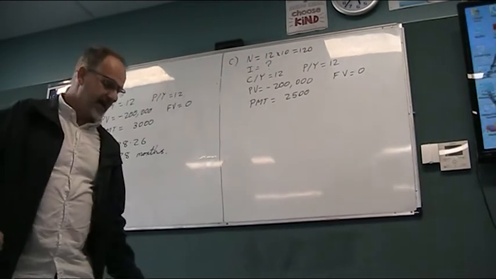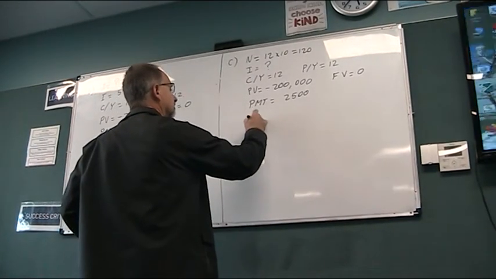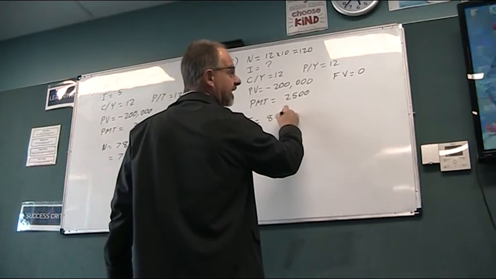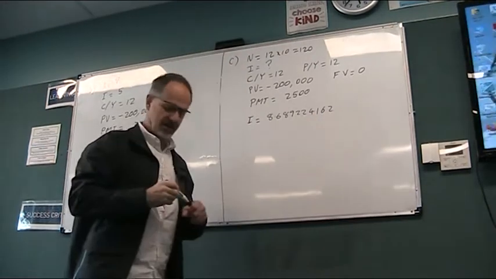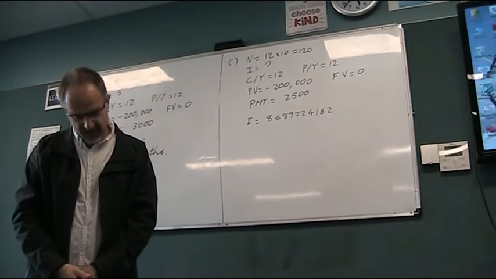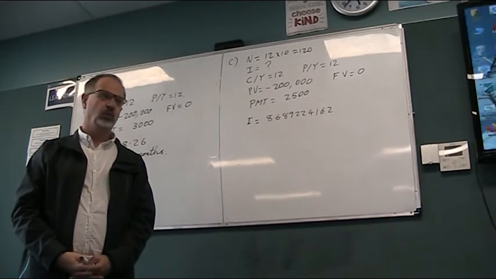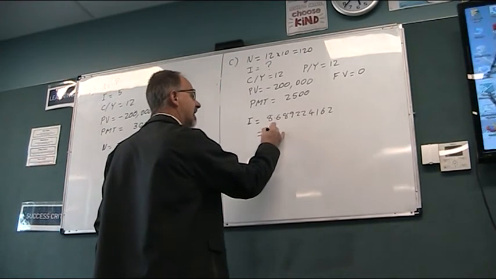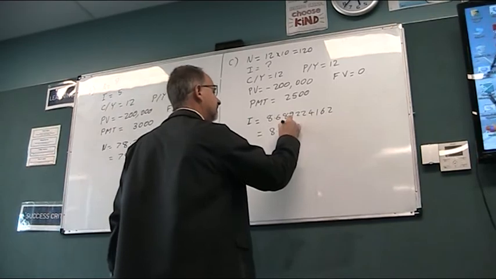And when we do that, it says 8.6892246162. And the question asks us to give it to one decimal place. So one decimal place is 8.7%.